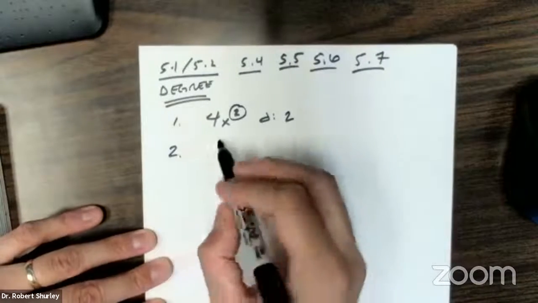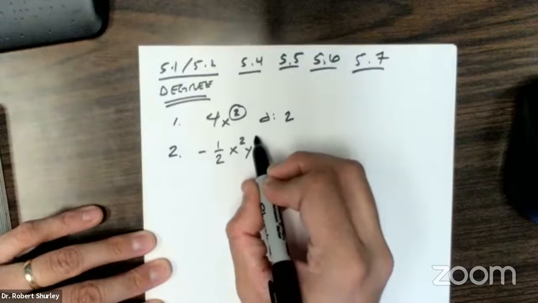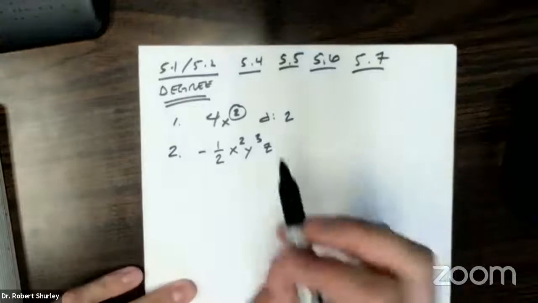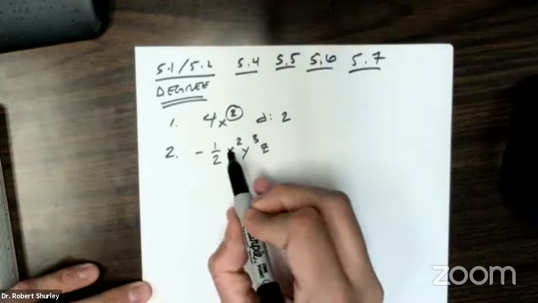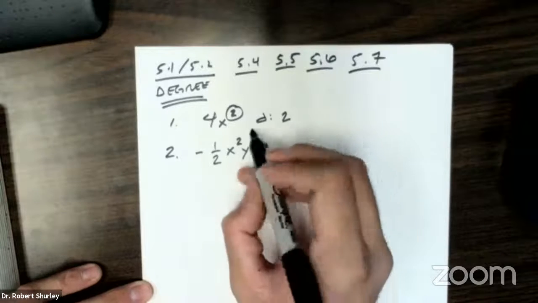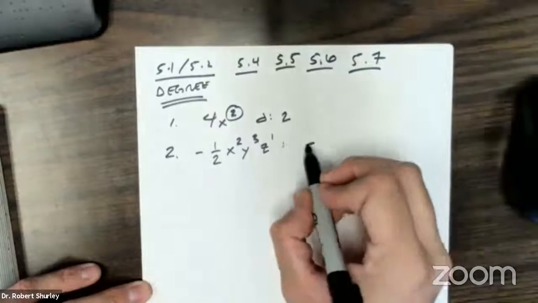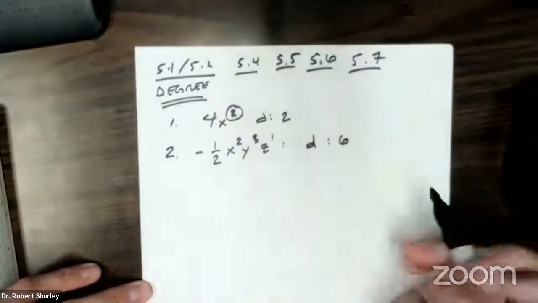But if we have something like negative 1/2 x squared y cubed z, remember, you just have to add the exponents on the variables. So we've got a squared, a cubed, and a raised to the 1 power. So we just add those up. The degree winds up being 6 because it's 2 plus 3 plus 1.